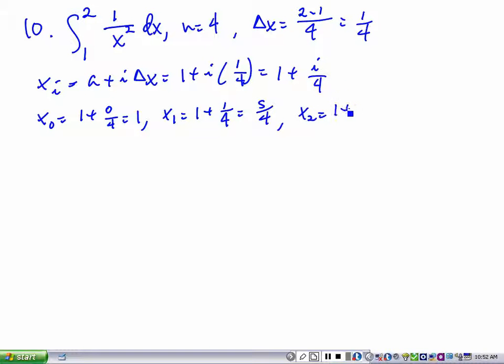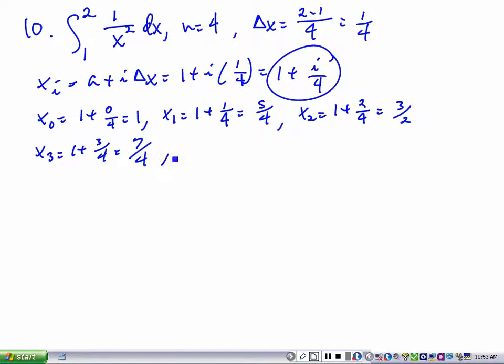x of 2 is 1 plus 2/4. It gives us 1 1/2, or just 3/2. x of 3 is 1 plus 3/4. I'm going by this formula here, so that's 7/4.